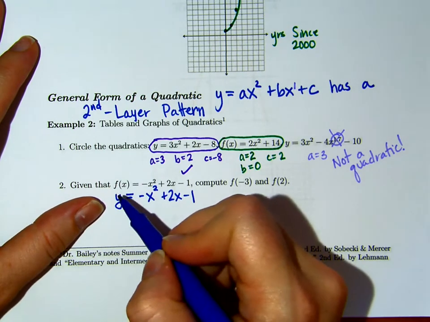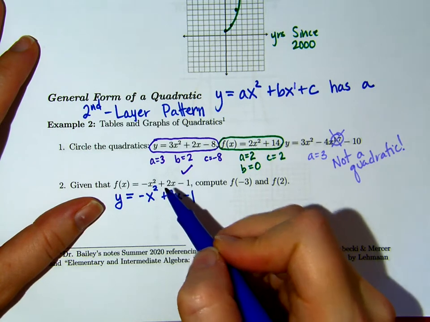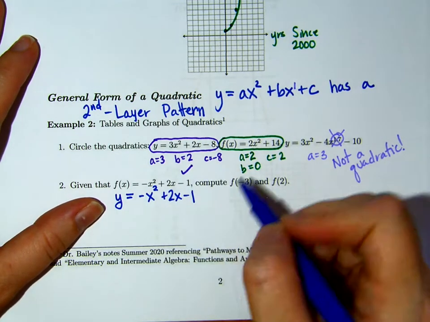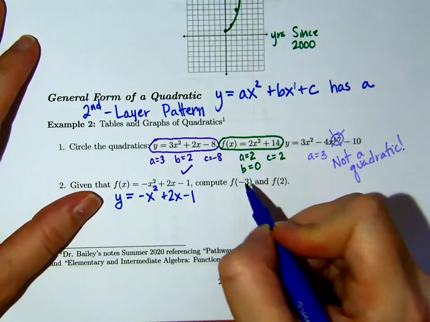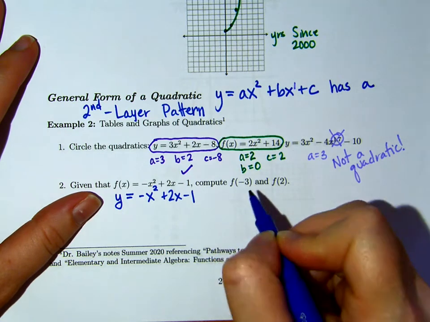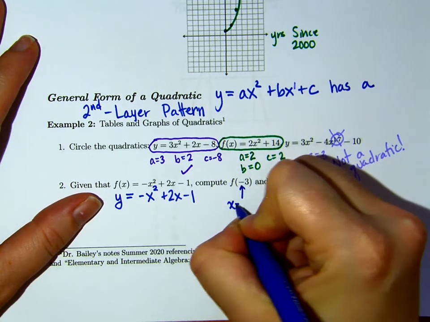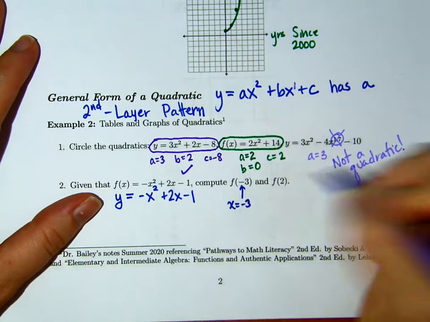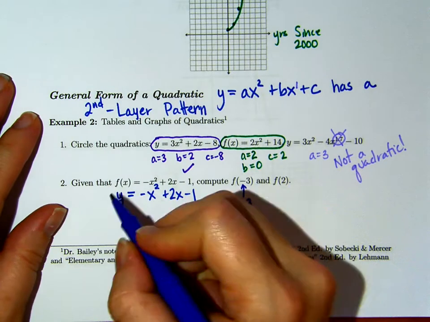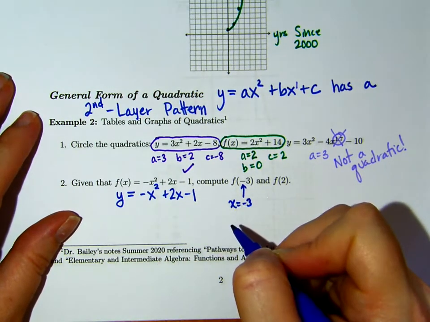It's naming y, saying that for every input there is exactly one output, or no more than one output. So this notation doesn't mean f times negative 3. It means x is equal to negative 3 in this scenario. So this is asking what is y when x is negative 3.